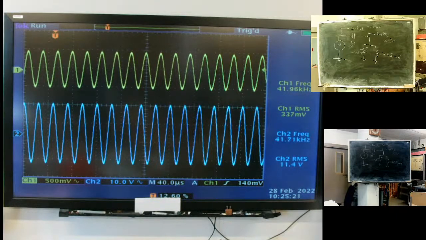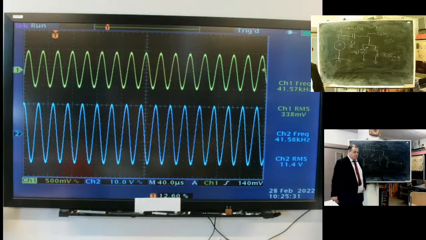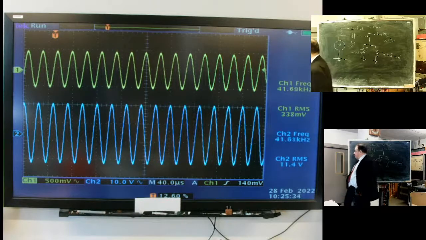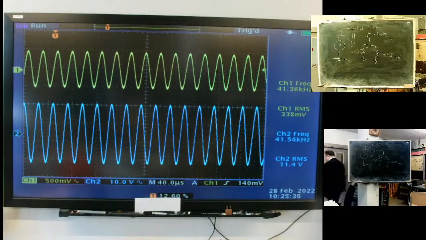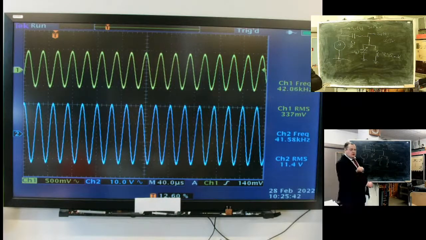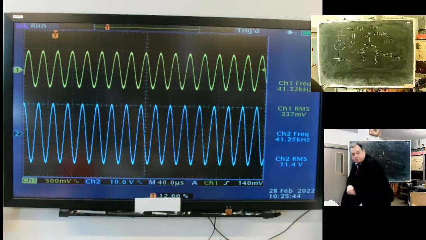I got 11 volts from 300 millivolts. What a gain! Without any energy source. Looks like we have dark energy here. Or energy of the space.